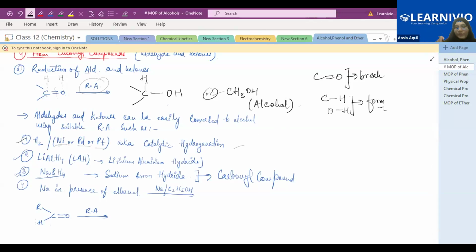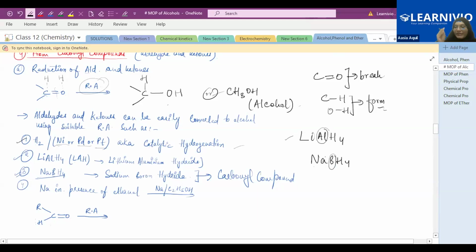Lithium aluminium hydride is a strong reducing agent as compared to sodium borohydride. Now, how? See, lithium aluminium hydride, LiAlH4, and here sodium borohydride, NaBH4. So you can see here in lithium aluminium hydride, aluminium is present, and in sodium borohydride, boron is present.